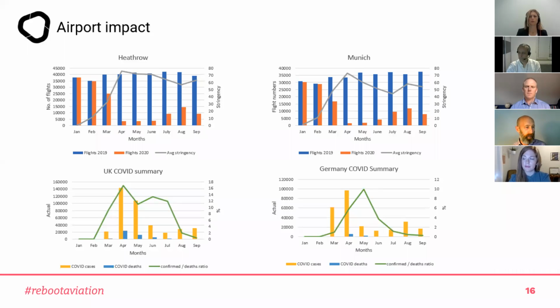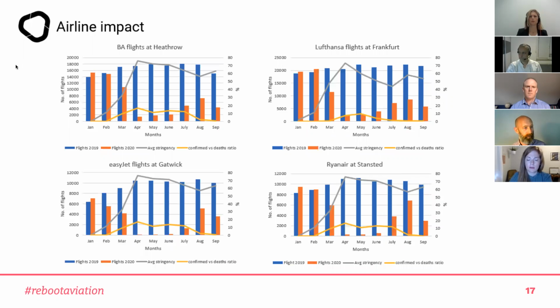So what you can see here is that the flights have massively dropped off, and they're beginning to creep back through July and August. Now September looks a bit lower because it's a part month, we're only halfway through. But also September is typically a quieter month anyway. What we're seeing though from previous slide, what we're seeing from a COVID perspective is that whilst the numbers are beginning to rise, we're very fortunate not to be seeing mortality levels rise, which is really good.